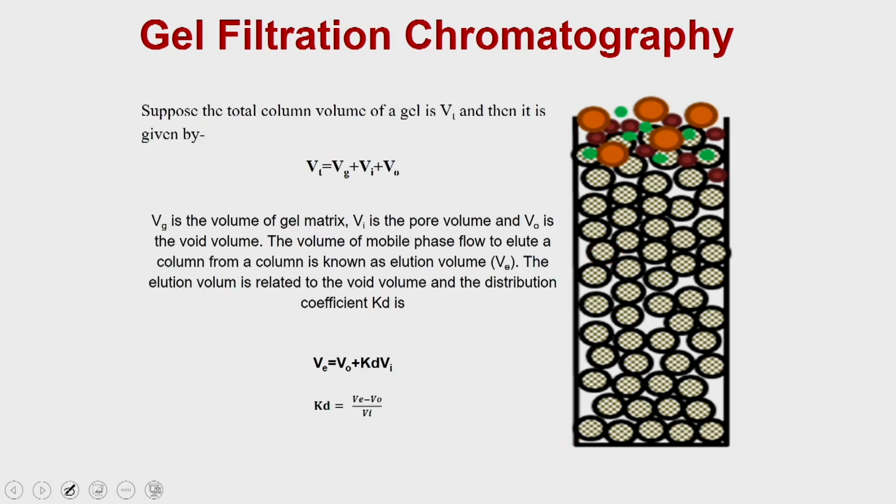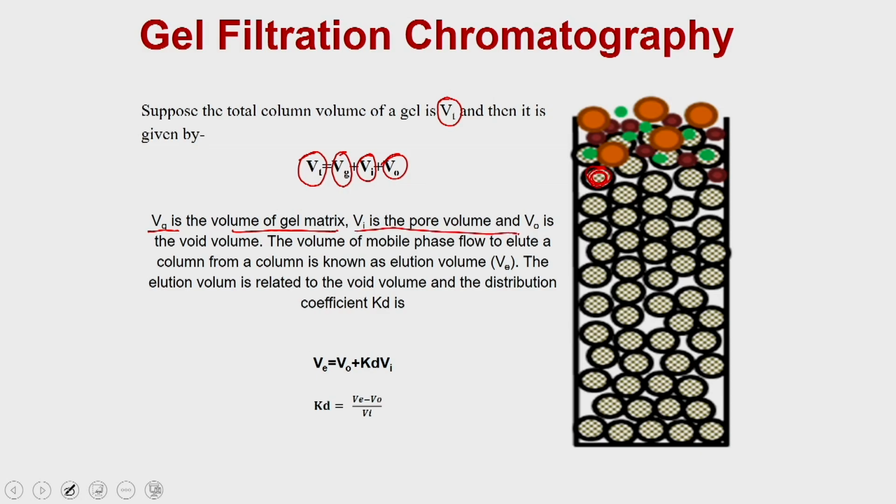Now, suppose you are preparing a column and the total volume of the gel you have used is called Vt. Then Vt, the total volume of the column, is equivalent to Vg plus Vi plus Vo. Vg is the volume of the gel matrix, which means the volume of these beads.